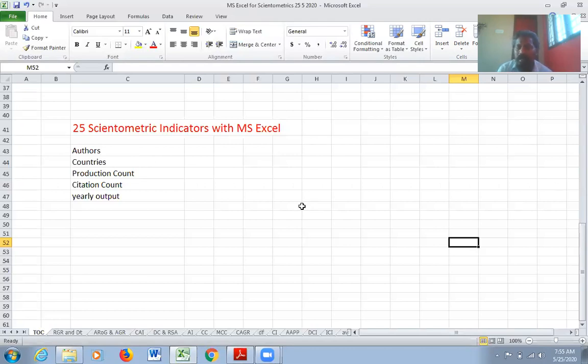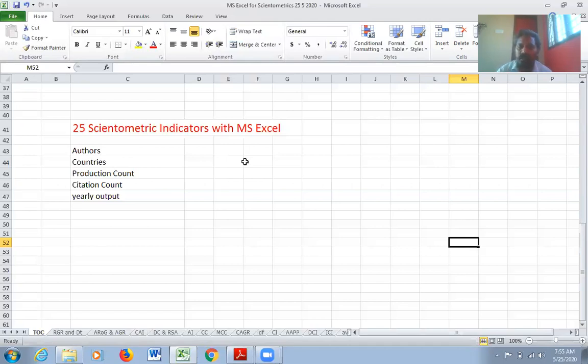In fact, I'm not going to talk much on theoretical aspects of these scientific indicators. These indicators were devised by scientometricians or bibliometricians over a period of time. See, when one scientometric indicator is found and published, people start thinking about it, researching it, and they make a small change here and there, and they bring out a new indicator.